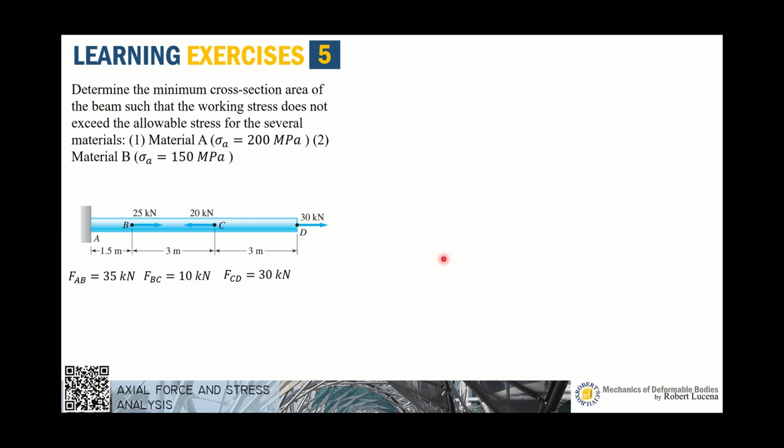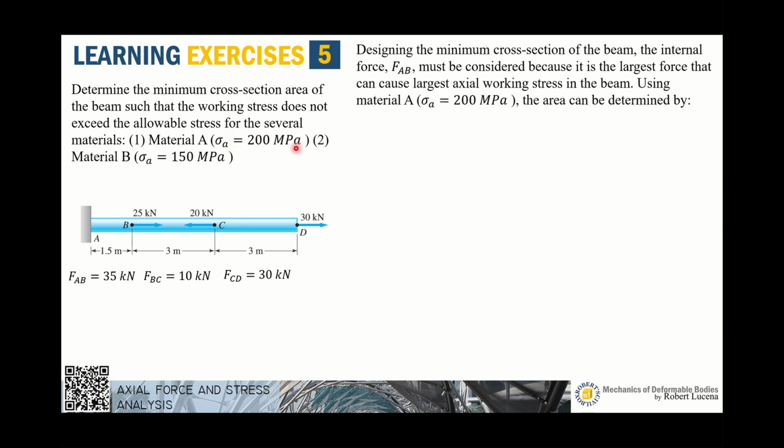The design portion involves selection of material and selection of size. Now here, you have an available material that has an allowable stress of 200 megapascal. So, designing the minimum cross-section of the beam, the internal force for each segment must be considered. But as you can see, 35 kilonewton is the maximum value of internal reaction for this beam.